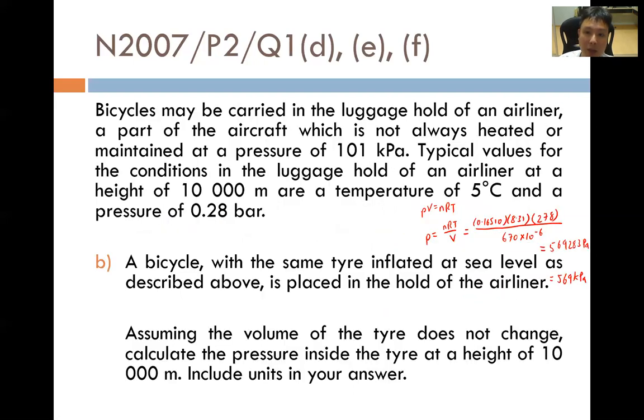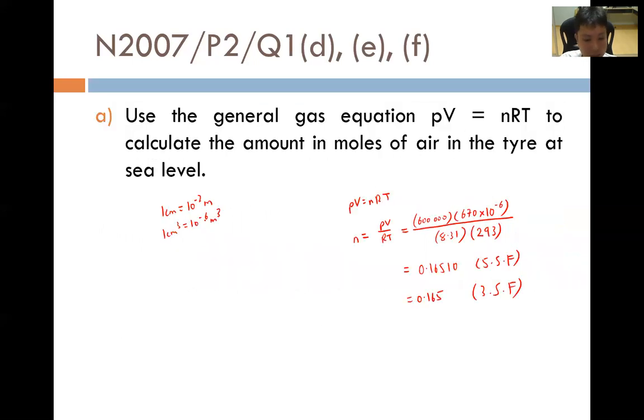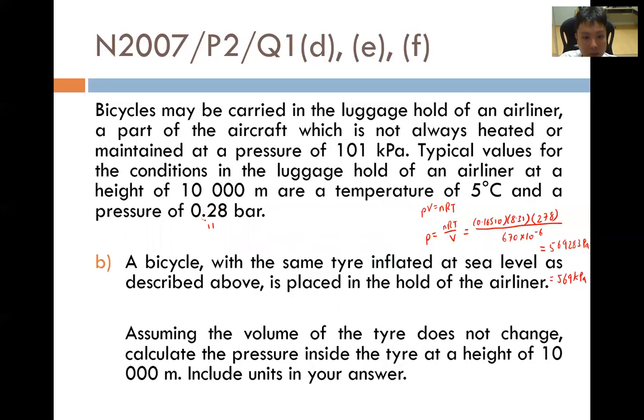So we just have to go back to the bicycle case and see whether the difference between the internal pressure of the bicycle and the exterior pressure is smaller than 699 kilopascal. The exterior pressure inside the airliner is 0.28 bars, and I'm supposed to multiply by 100 to change it into kilopascal. So 0.28 multiplied by 100 is 28 kilopascal.